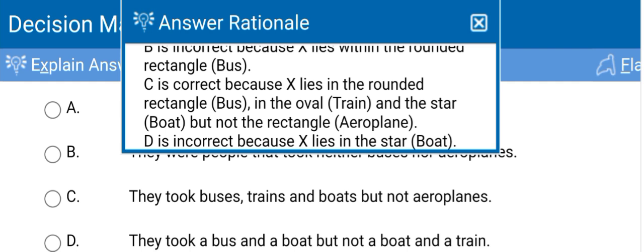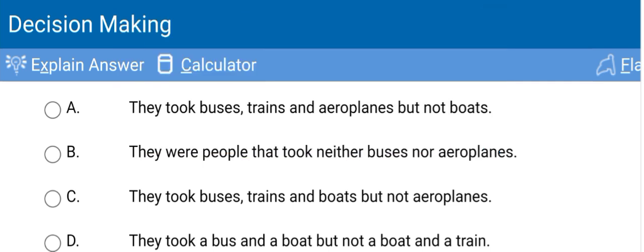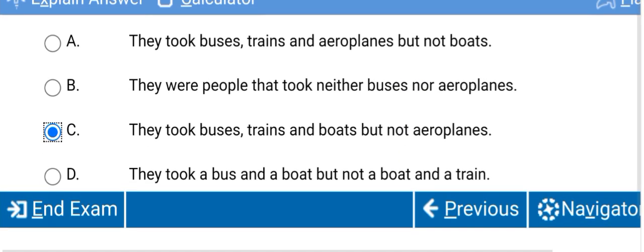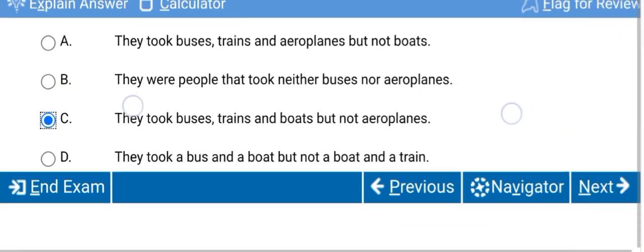Option D is incorrect because X lies in the star, that is boat. So the correct option is C, which says they took buses, trains and boats but not aeroplanes.